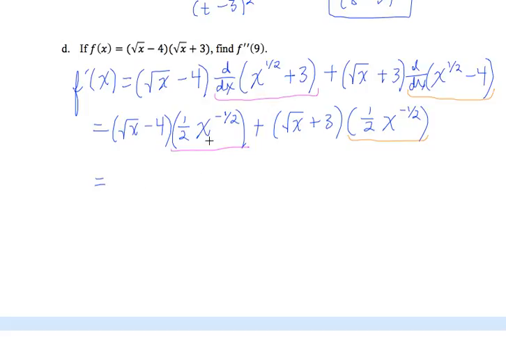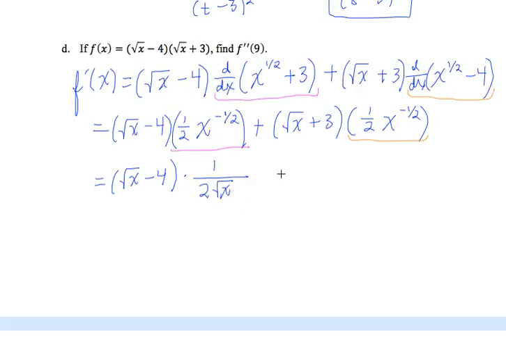So I'm going to rewrite this negative a half part as a radical so I can maybe combine it with that radical. We'll see. So root x minus 4, and then the negative means that goes in the denominator. So it's times 1 over 2 times the square root of x. So negative a half power written in the denominator as a radical.